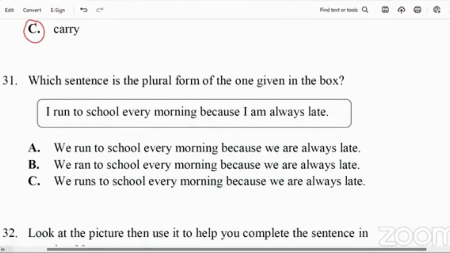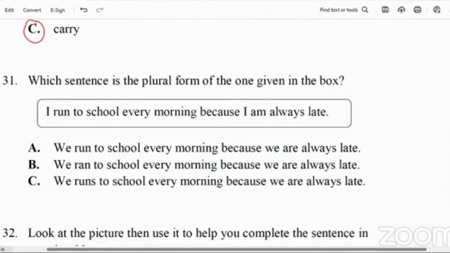All right, which sentence is the plural? Question 31. Which sentence is the plural form of the one given in the box? I run to school every morning because I am always late. So we're going to try to change all the nouns and the verbs to their plural form, okay? So is it we run to school every morning because we are always late? He runs to school every morning because we are always late. So it says I run.